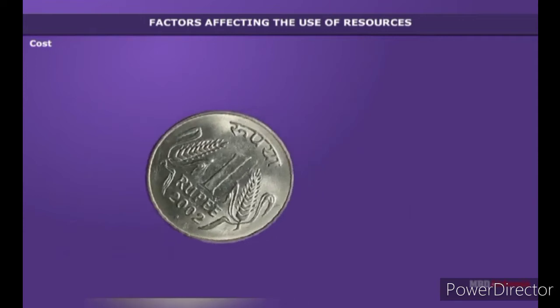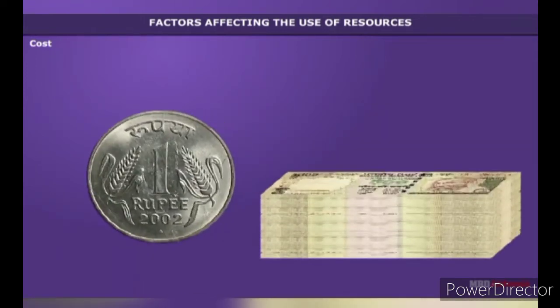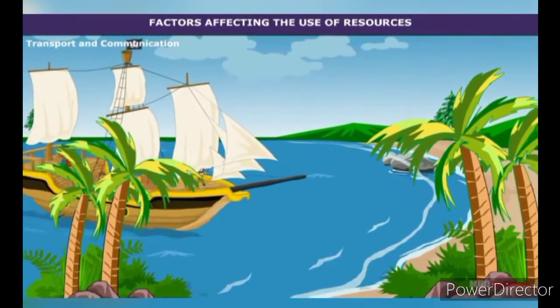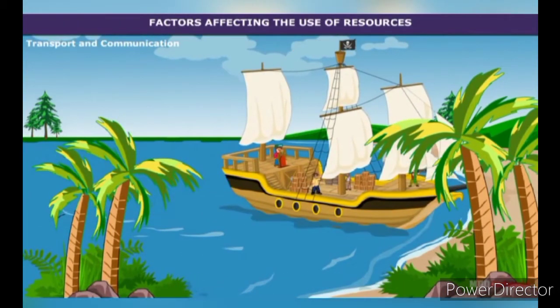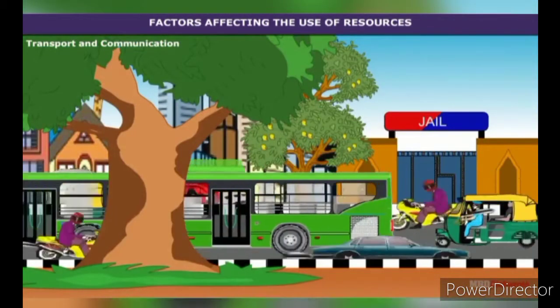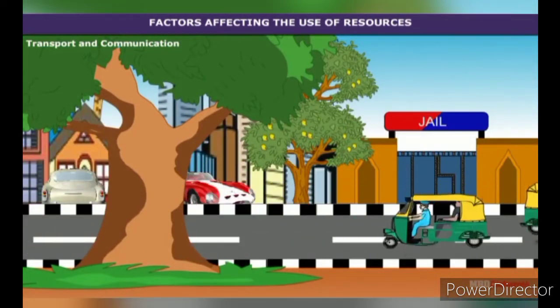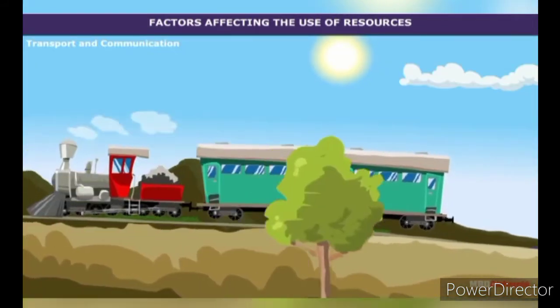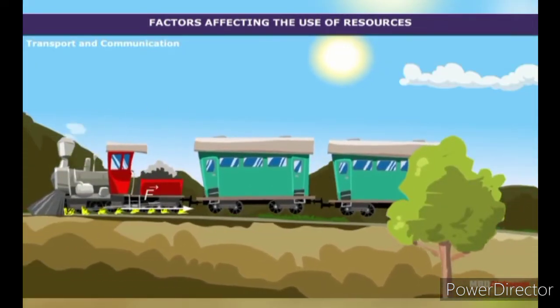Factors affecting the use of resources. Cost. The costs involved in development, extraction, and transportation form the most critical components affecting the use of resources. Transport and communication. Many areas on the earth are inaccessible.